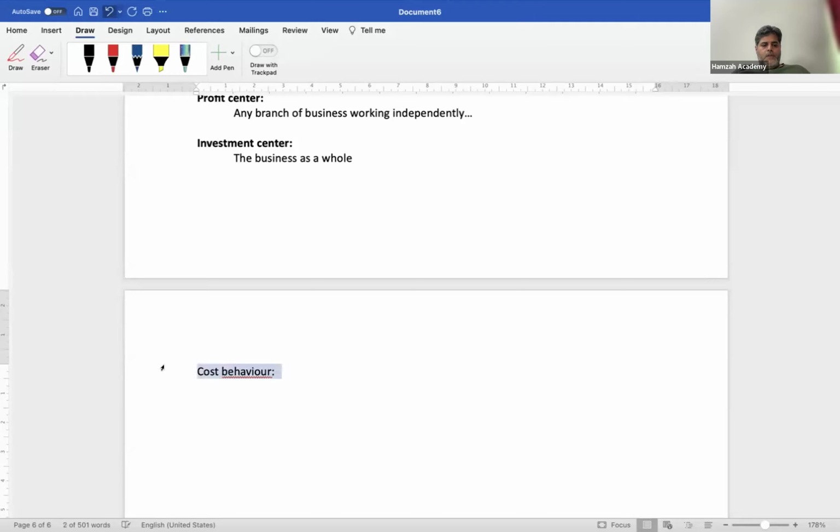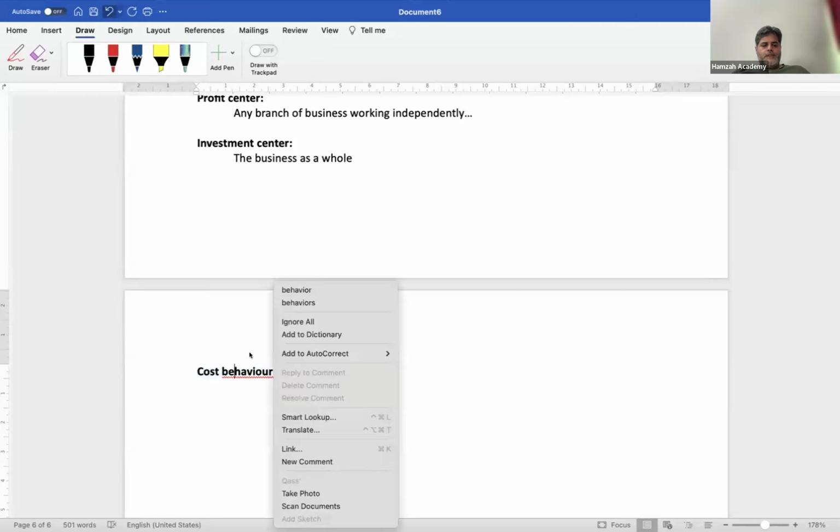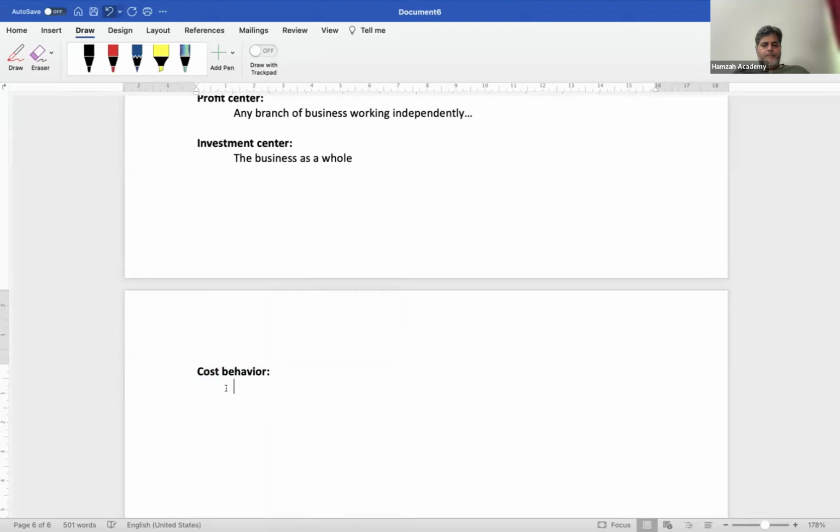Now, as far as cost behavior is concerned, cost behavior is the way or pattern by which cost changes as the level of activity changes, right?